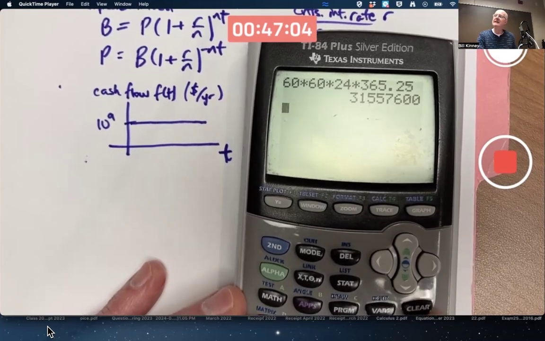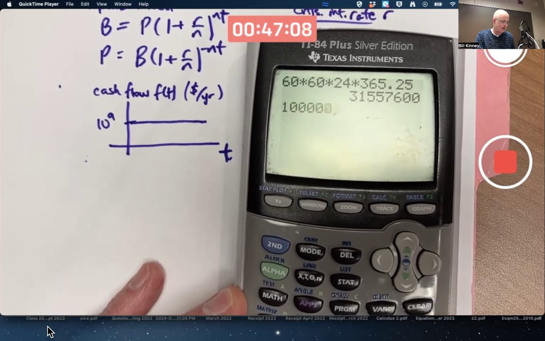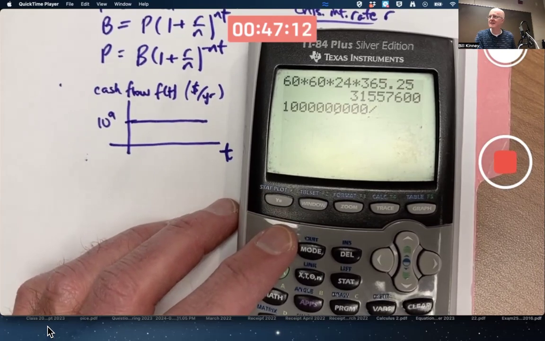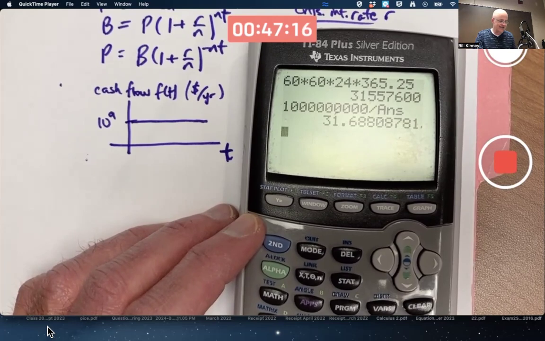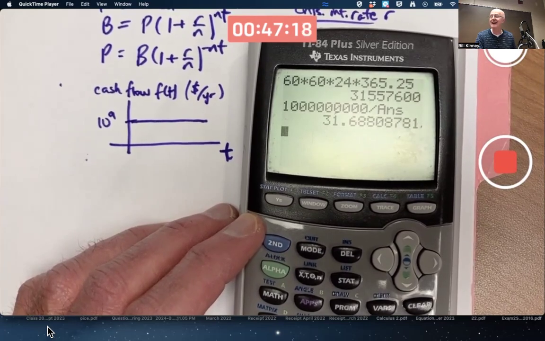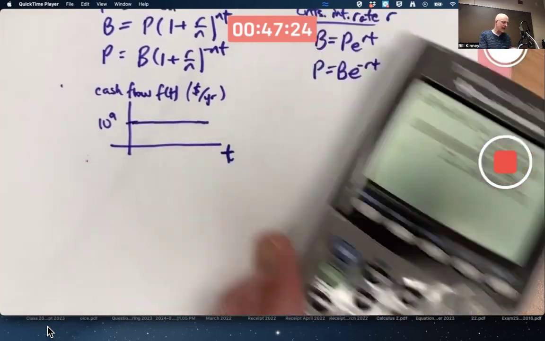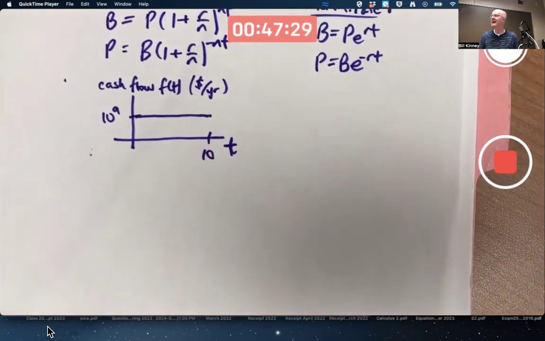So if you're getting $1 billion over the course of a year at a constant rate, how many dollars are you getting every second of every day? $31.69 every second of every day for a year, or maybe even better, over 10 years, giving you $10 billion total over that time period.